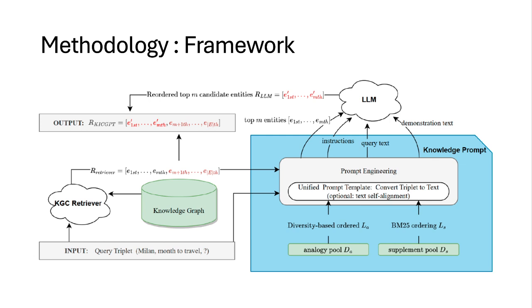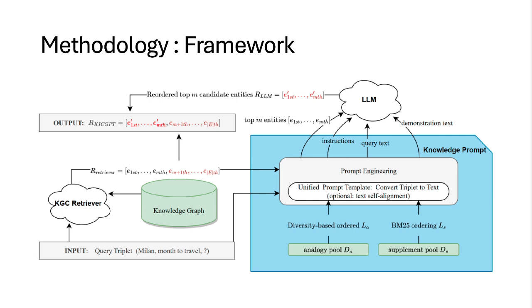It scores each and every entity based on the similarity to the query and organizes the list in descending order, with the highest score at the top. This retriever candidate list is then passed to the large language model, or knowledge prompt section.